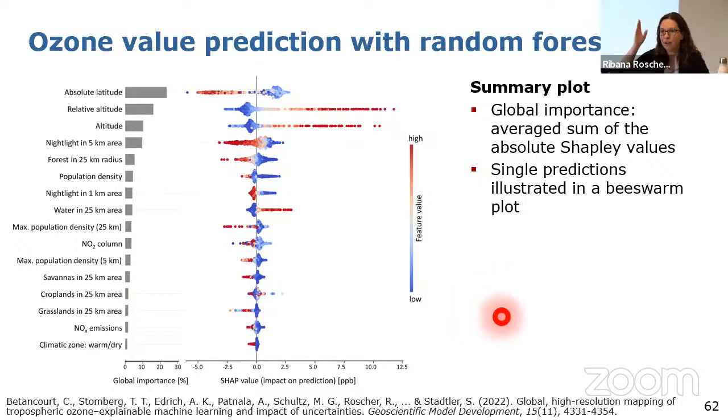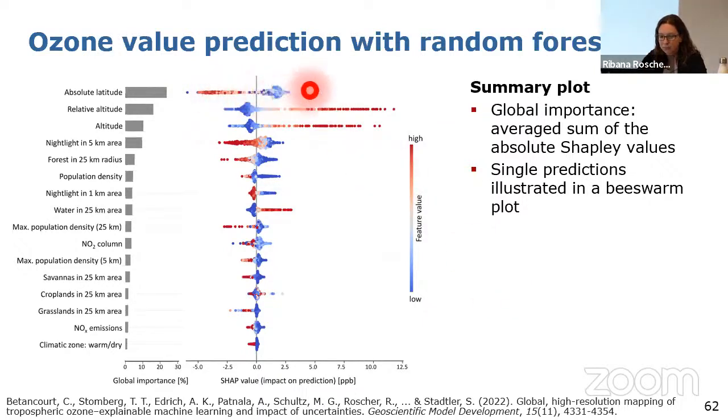We have a lot of these samples with different feature values. Not a single one anymore, you have the whole data set. But of course, the Shapley value you always compute for one single value. And this colorful part are the Shapley values for single predictions illustrated in a beeswarm plot.